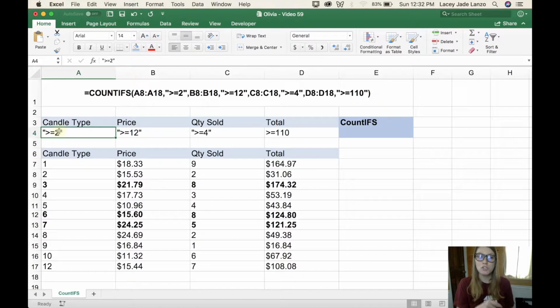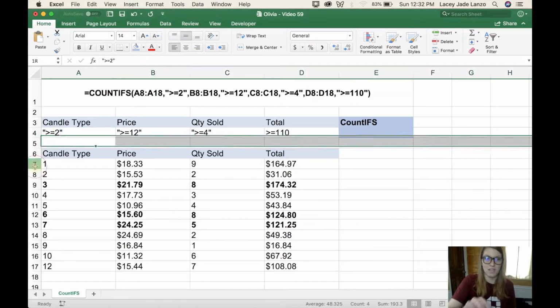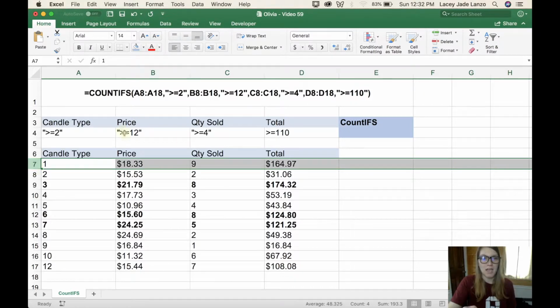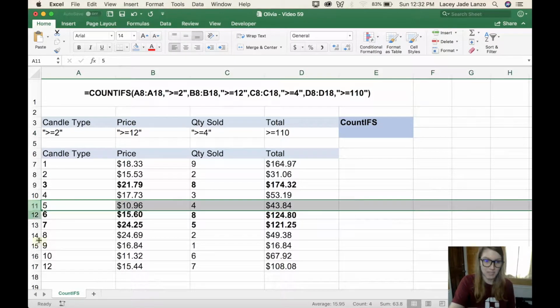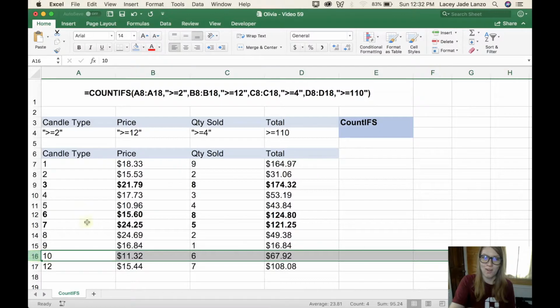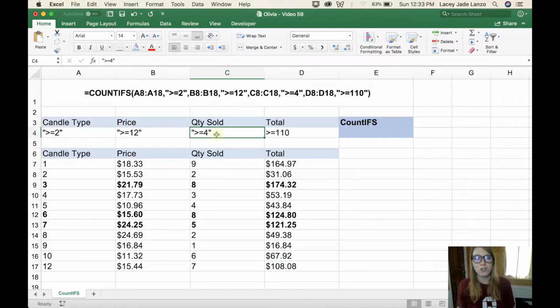Anything that is equal to or greater than candle type 2, which means that candle type 1 will be ignored. A price that is greater than or equal to $12. So this $10 one is going to be completely ignored, and this $11 one is going to be ignored with this function. And a quantity sold of greater than or equal to 4.